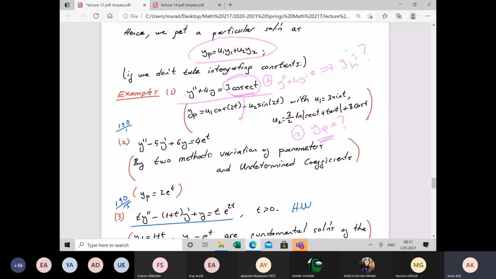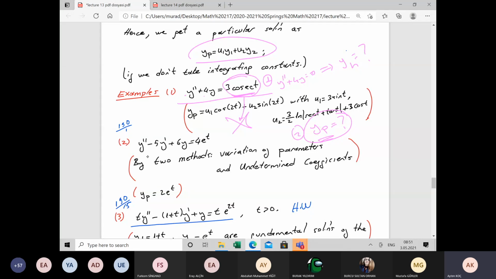So the method of undetermined coefficients is not valid here. You have to use the variation of parameters to find the particular solution. Be careful.